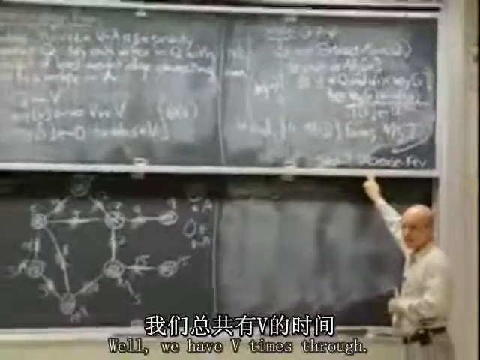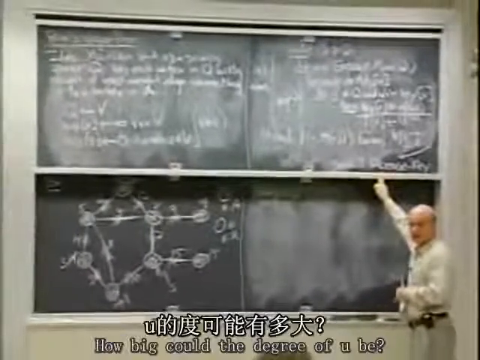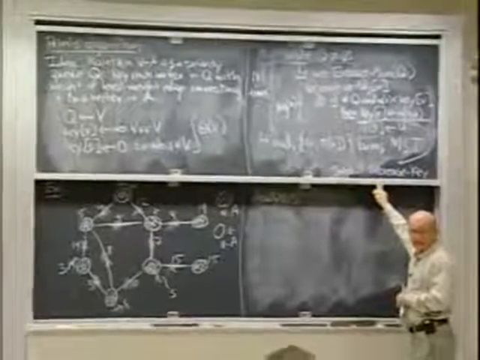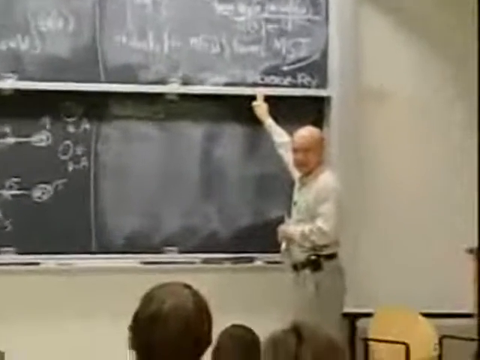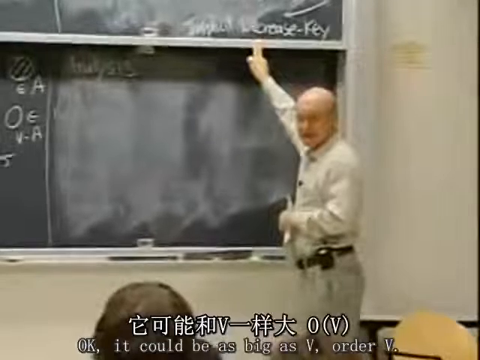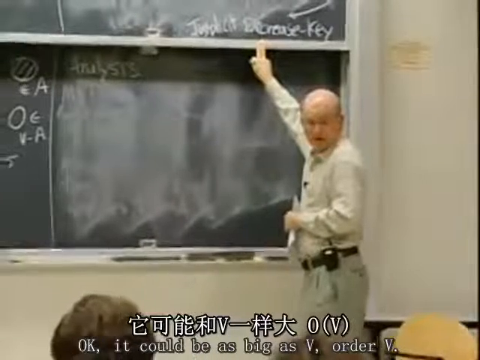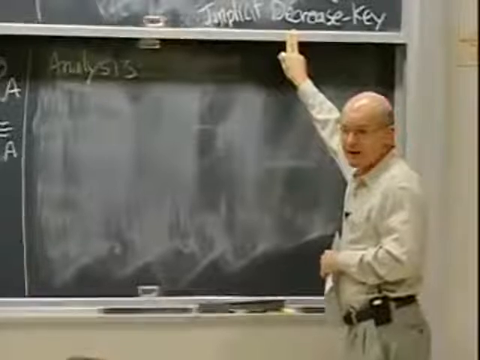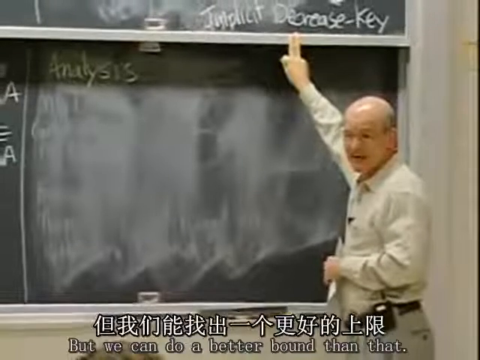Well, we have V times through. How big could the degree of u be? It could be as big as V, order V. So that's V squared decrease keys. But we can do a better bound than that. How many do we really have?